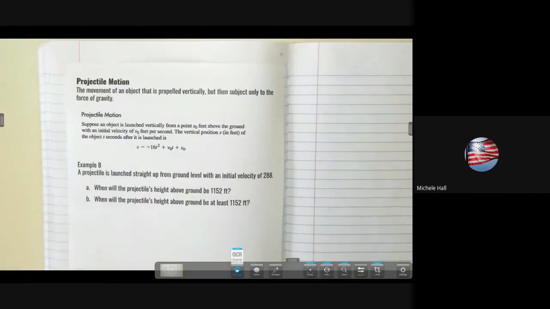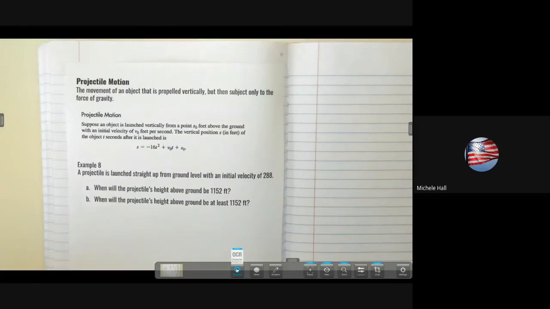Projectile motion. These are one of my favorites. Projectile motion is also called particle motion. Now you're starting to see things move. We've been at a standstill most of the time. The movement of an object that is propelled vertically, then subject only to the force of gravity.